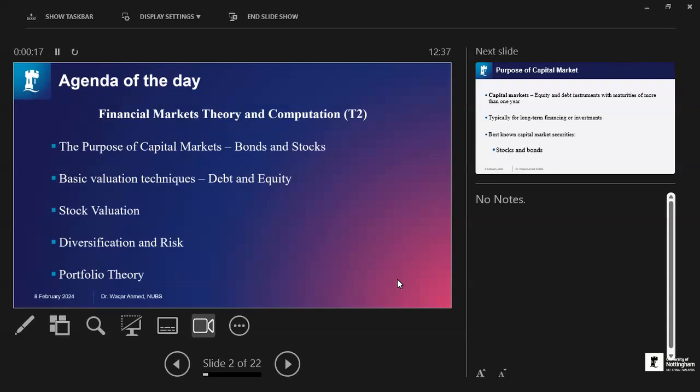In the first part, I'll quickly revise the basic valuation technique that you have already learned in part one of this term. We'll try to go through that relatively quickly. And then in the later part of today's session, I'll introduce you to portfolio theory. We'll look at the effect of diversification on risk.